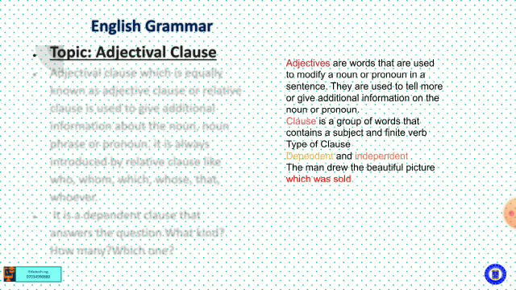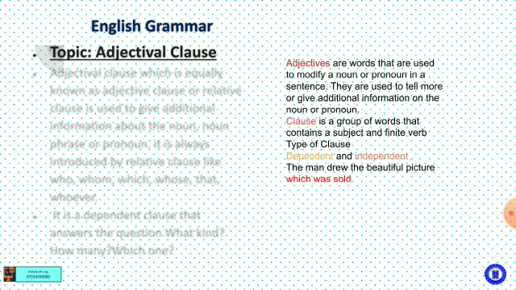Adjectival clause. For you to understand adjectival clause very well, you need to know what an adjective is, because immediately you look at that topic, adjectival clause, what comes to your mind is the word adjective.